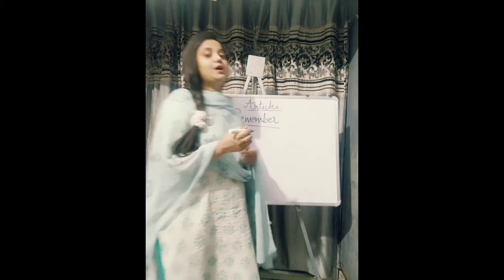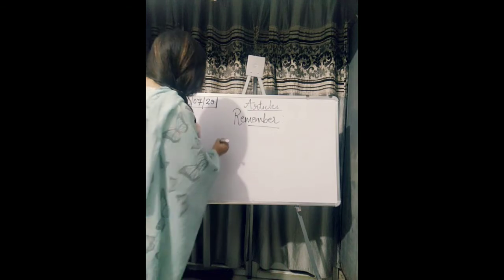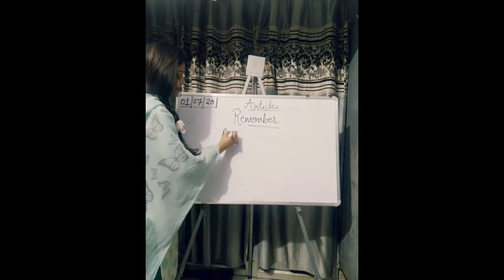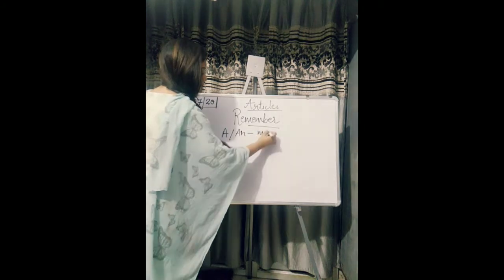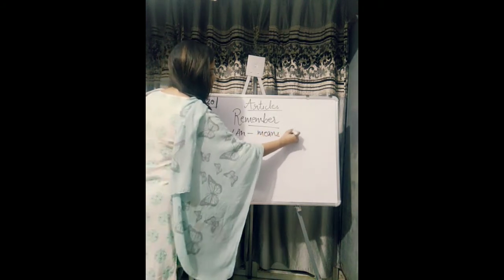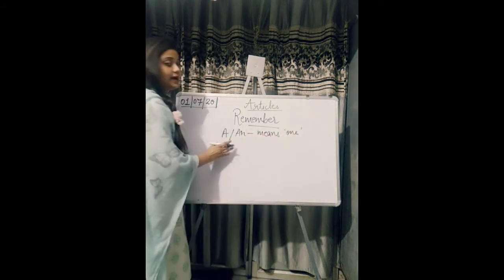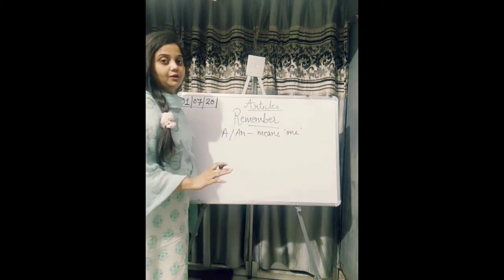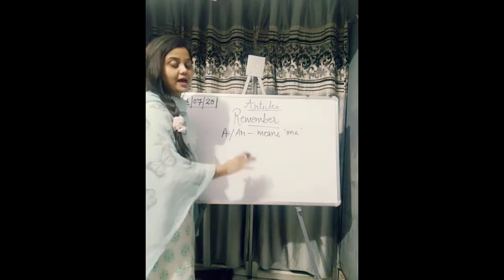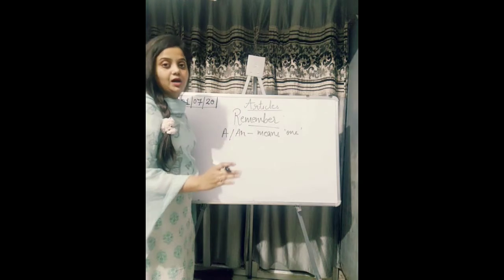The thing you have to remember is that a and an mean one. A and an we use before a singular countable noun. We never use a and an before a plural noun.